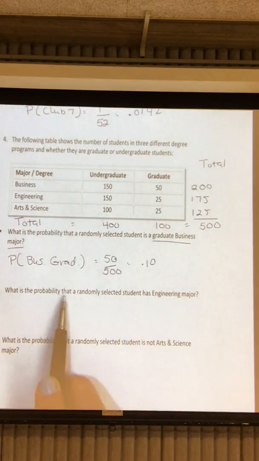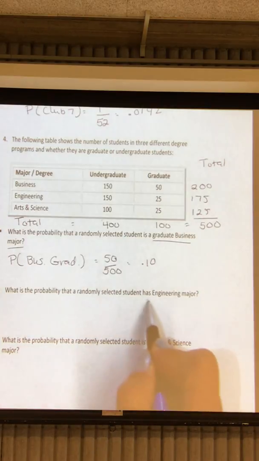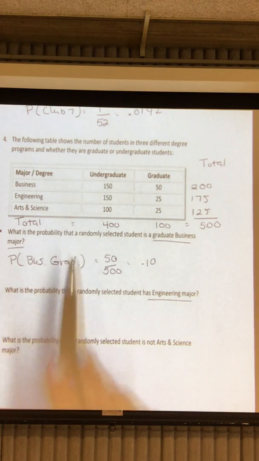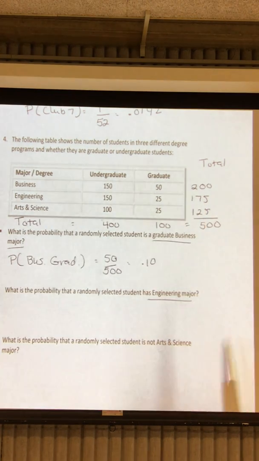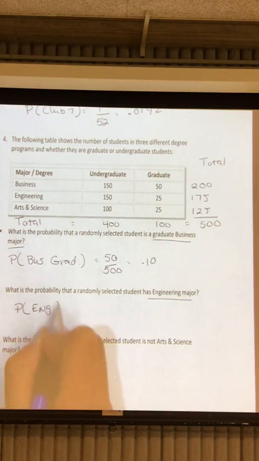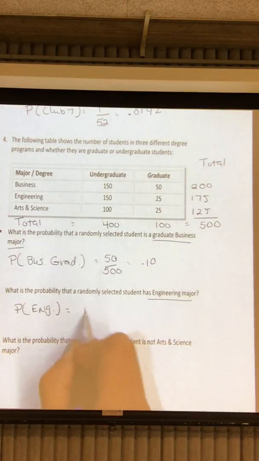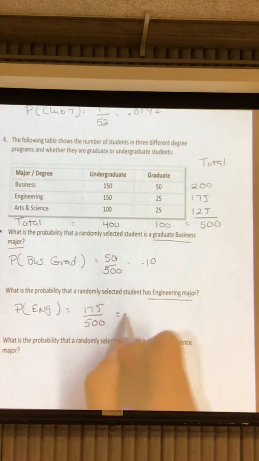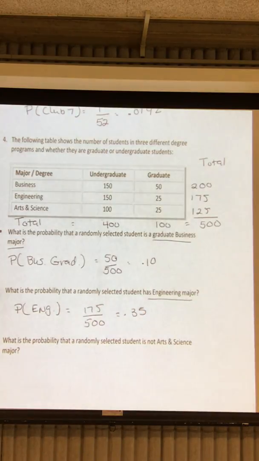The next problem, what is the probability that a randomly selected student has an engineering major? And here the probability of engineering is a total of 175. So the probability that the student is in engineering is 175 over the total of 500, and that is 0.35.